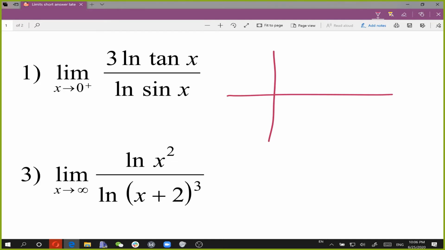If I graph a natural log, it would look something like this, where the natural log of 1 is 0, and the natural log of 0 is undefined. But we have asymptotic behavior, so it acts like a vertical asymptote at x equals 0. So the closer and closer we get to x equals 0, the closer the natural log is going to get to negative infinity. So right now, if I plug all of this in, we'll get something like this.